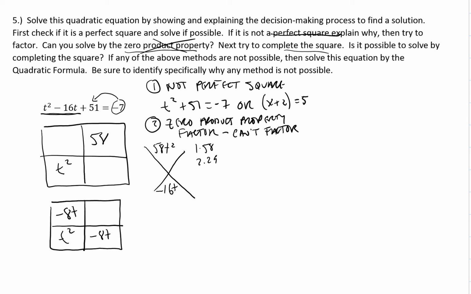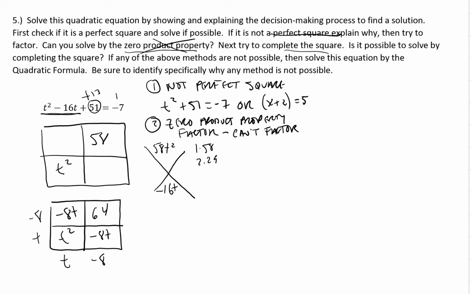Okay, so then negative 8 times negative 8 is positive 64. So then this is t minus 8, t minus 8. So now this number right here has to be 64. So you've got options, but since this number here needs to be 64, all I have to do is add 13 here.